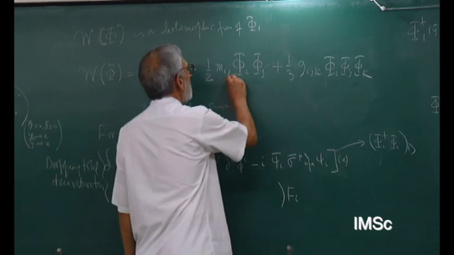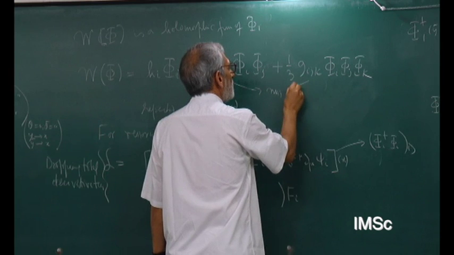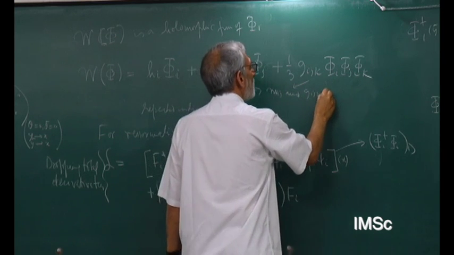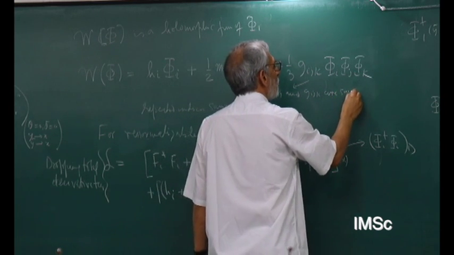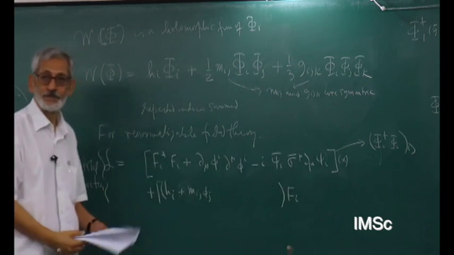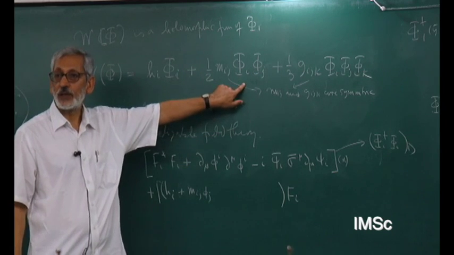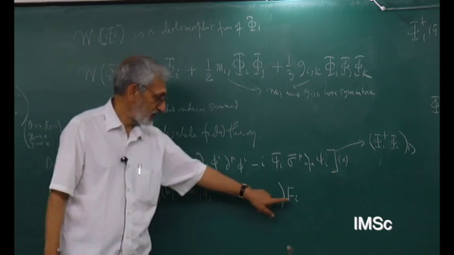Well, notice Mij's are symmetric. Mij and Gij are symmetric in all their indices. So that is the F term of this product, phi j times Fi.